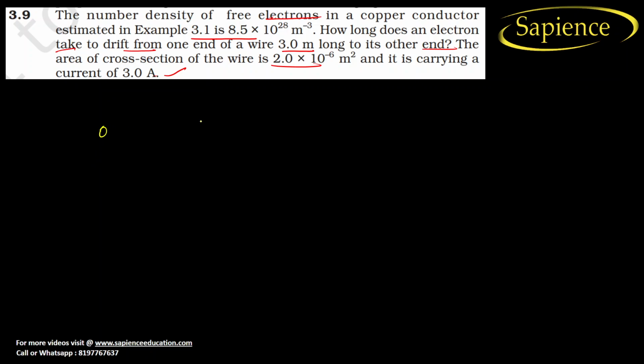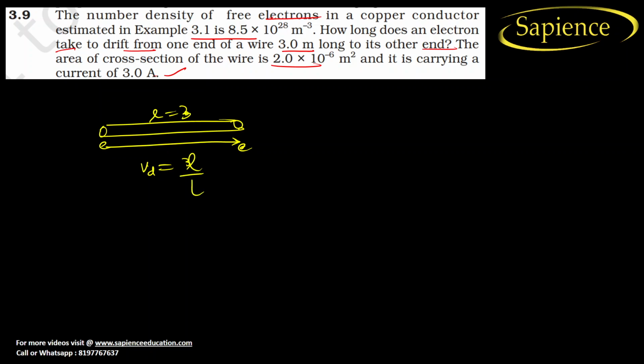There is a wire with a length of 3 meter, and they are asking how much time the electron will take to reach from one end to the other. We know that drift velocity is distance traveled, that is length L divided by time t, and the area of cross section is 2 into 10 to the power minus 6 meter square.